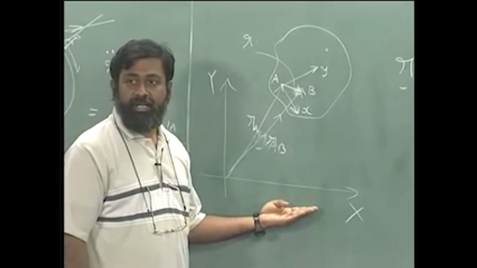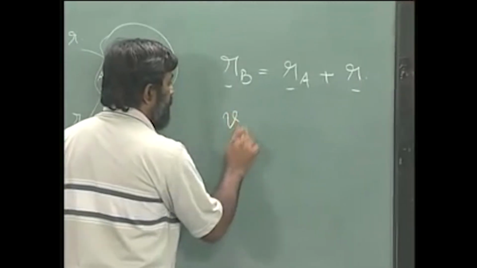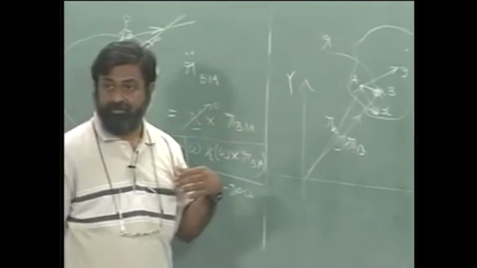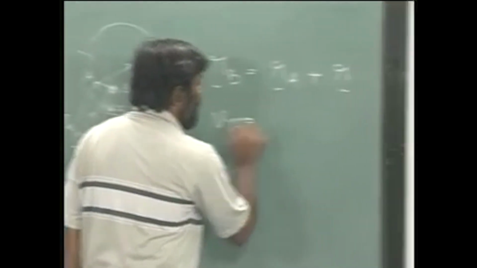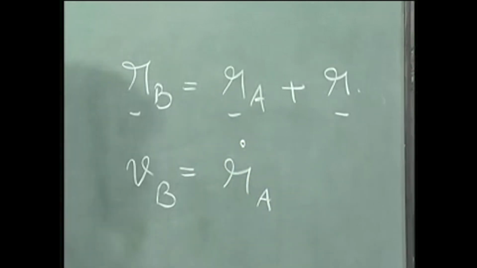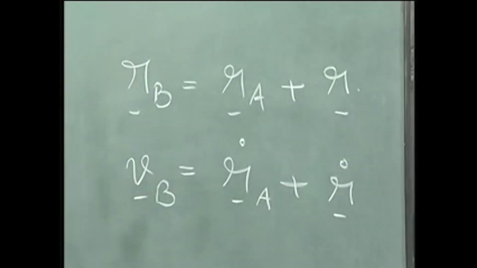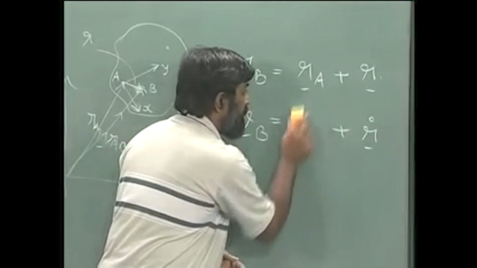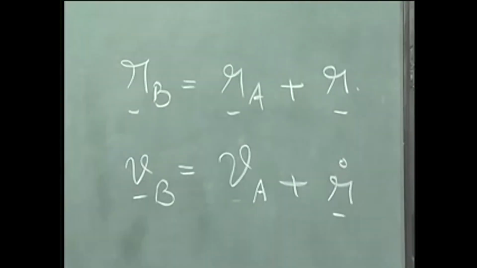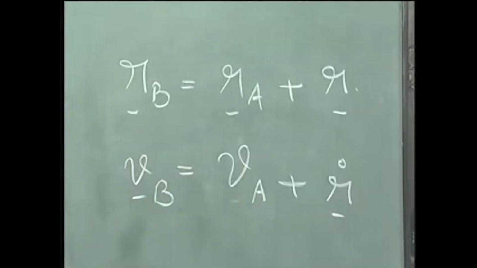Now I have to find out the velocity, and velocity is not very difficult. If I have to find out the velocity of this insect with respect to fixed frame, what would that be? It would be R dot A, okay, plus R dot, okay. So, this is very simple, this is nothing but VA, because I have already defined RA with respect to fixed axis, there is no problem in defining VA.